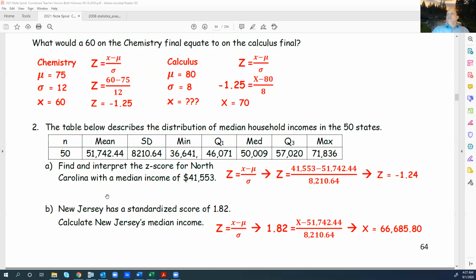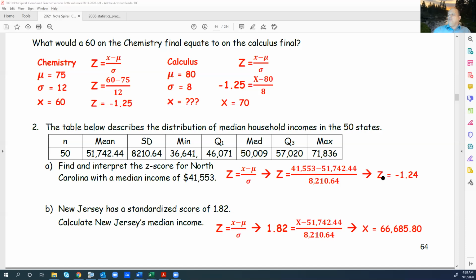Okay, so hopefully we're looking at the screen that has the z-scores for North Carolina. It says find and interpret the z-scores for North Carolina with a mean income, because we changed that, of 41,000. Well, I write my formula, and I know that the average for all states was 51,742, and the standard deviation was 8,210, and North Carolina had 41,553.